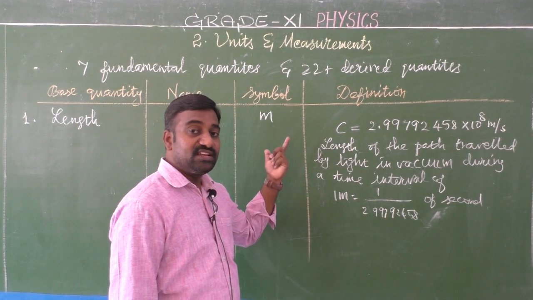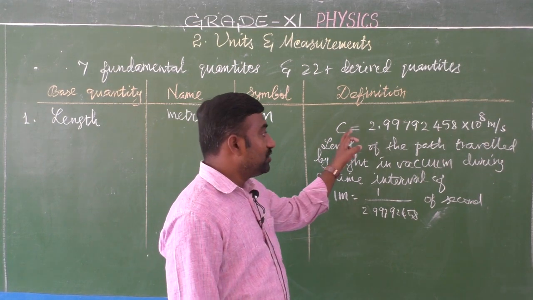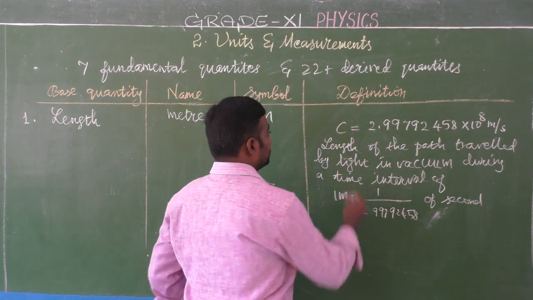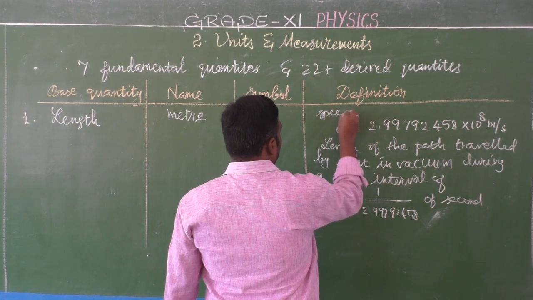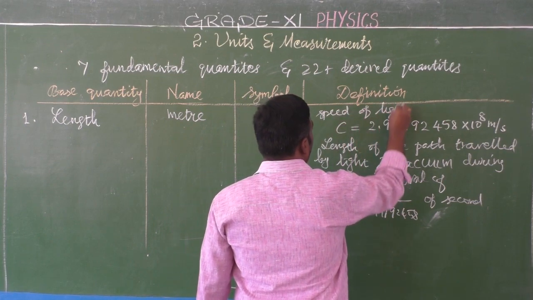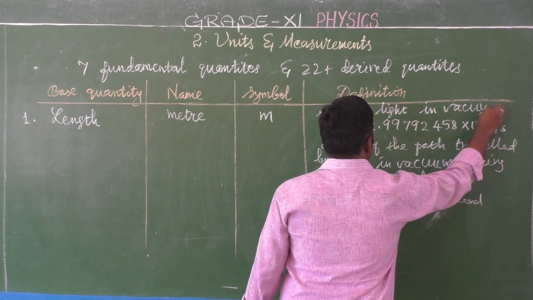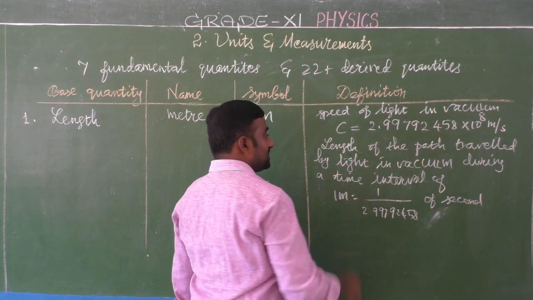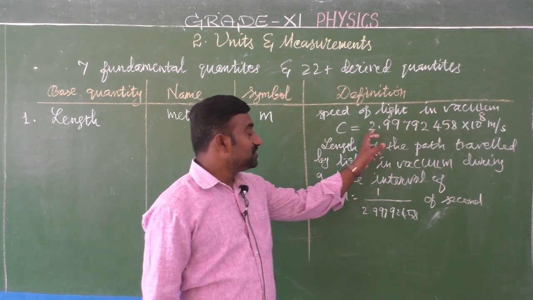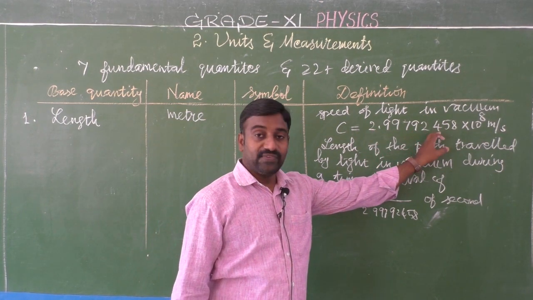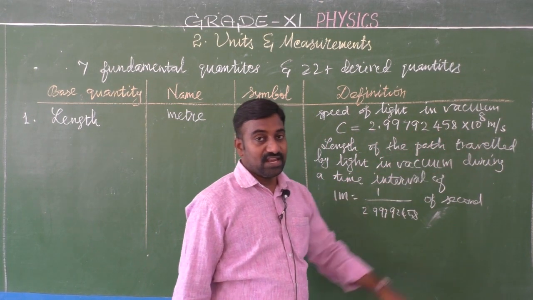So for the definition of length, where did they bring it from? We know the speed of light in vacuum. This is the speed of light in vacuum. What is the speed of light in vacuum? That is denoted by the letter C. The speed of light in vacuum is 2.99792458 into 10 to the power 8 meter per second.